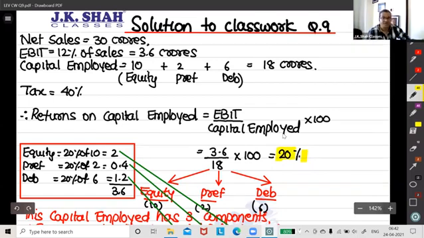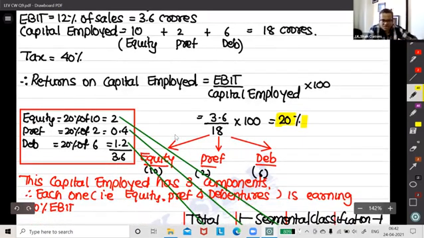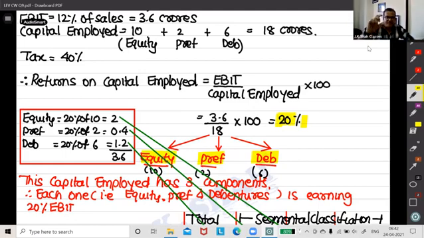The rate is 20%. Returns on capital employed is 20%. Now just understand this well: this 18 comprises of equity, preference, and debentures. So can I say everybody is earning 20% returns? If I calculated EBIT upon capital employed and got 20%, can I say each component is earning 20% EBIT?